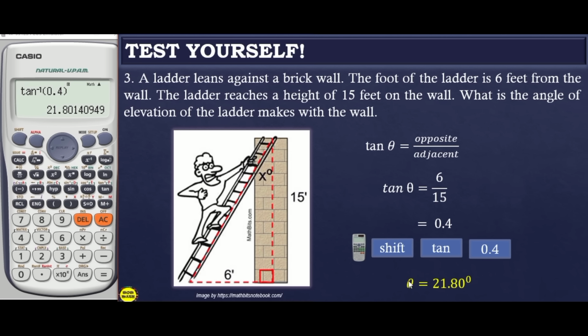So, the answer is, the angle is, or yung x natin, yung unknown natin is 21.80 degrees. Yun po yung nakuha natin dito sa ating calculator. So, we have our angle, or what is the angle of elevation of the ladder that makes the wall. Ito po siya, with the wall, that is 21.80 degrees.